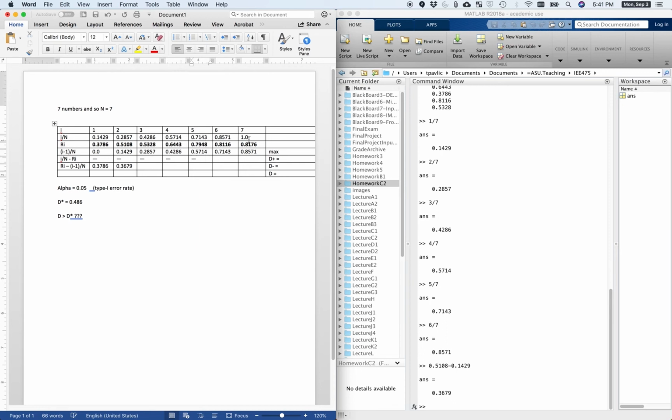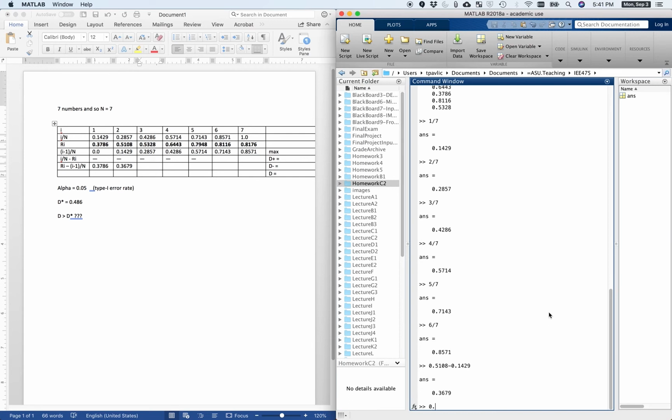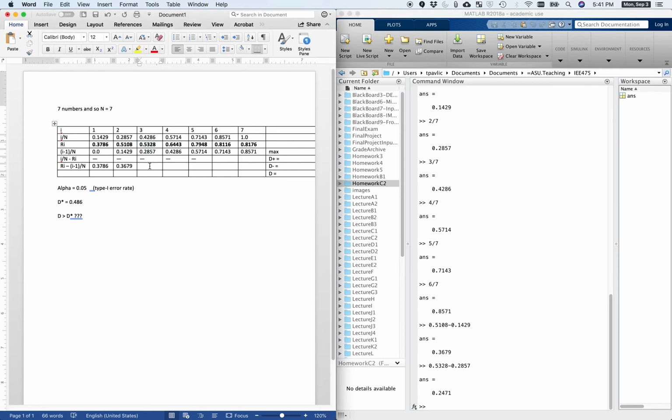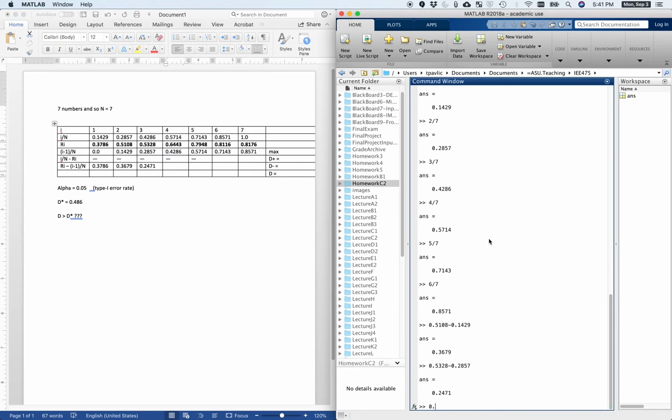This one will not, and so those will be okay. Now I'm looking at this difference: 0.5328 minus 0.2857 is 0.2471. Now I look at 0.6443 minus 0.4286, 0.2157.